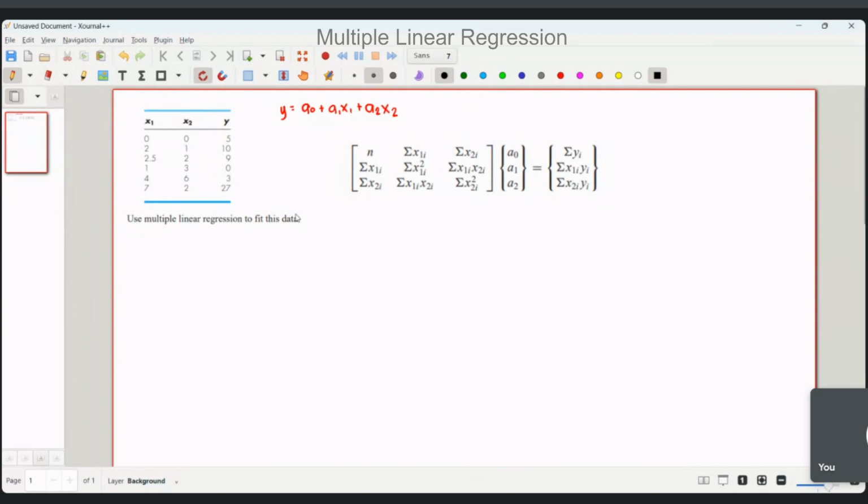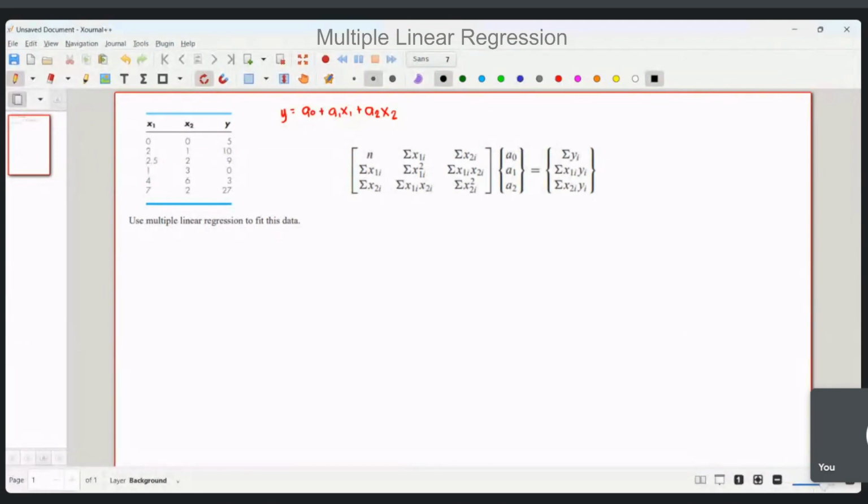Now we have our n. N is how many data points, right? So that's 6. Am I still audible? Yes, ma'am. Okay. So that's 6.